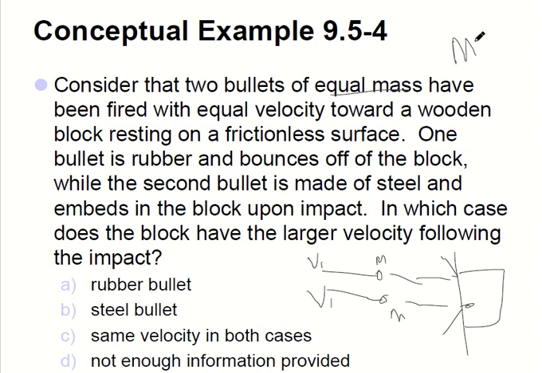We're talking about transferring the greater momentum, meaning the mass of that guy, which is the same, so since the mass is the same, we're looking at only the final velocity. Since the steel is a heavy material, it will definitely reduce the final velocity, and rubber is an elastic bouncing material, so the final velocity is going to be greater. So since the final velocity is greater with the same mass, you're going to get the larger velocity following the impact, which is this guy right there.